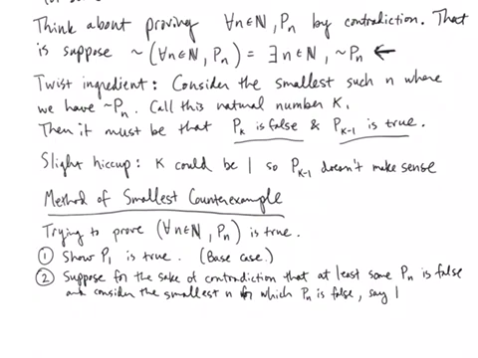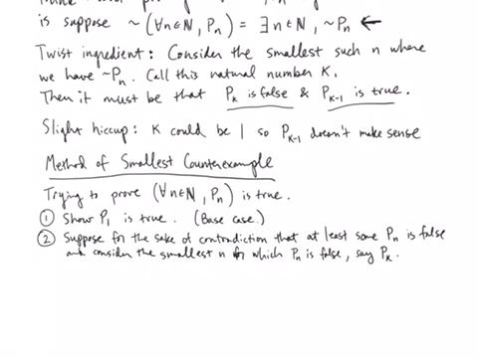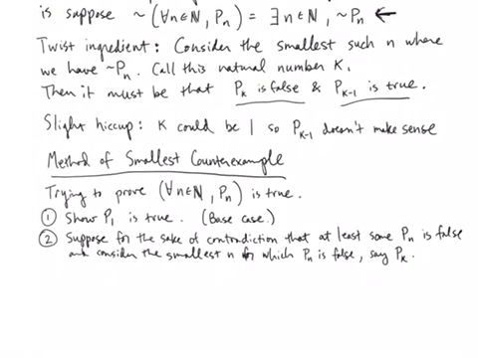Say P sub k. And note by step 1, k is strictly bigger than 1, so P sub k can't be the base case.